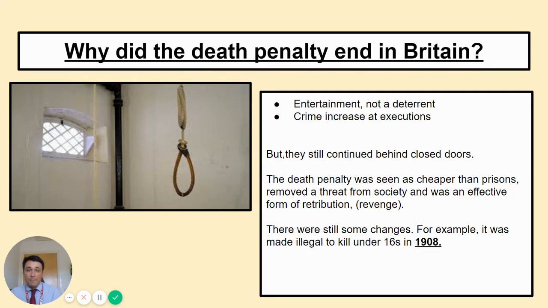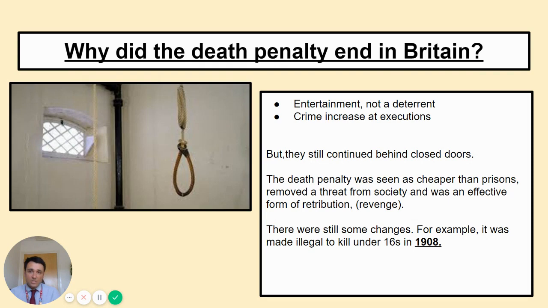People would be pickpocketing distracted viewers, or there'd be things like prostitution there as well. And so public execution wasn't having the desired effect of fear and respect. Instead, it had turned into a source of entertainment and a source of even more crime. And so as a result, execution continued, but it was done behind closed doors. It was done in private, rather than in front of a crowd.